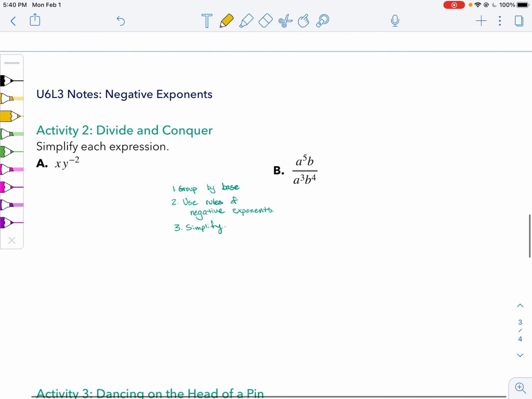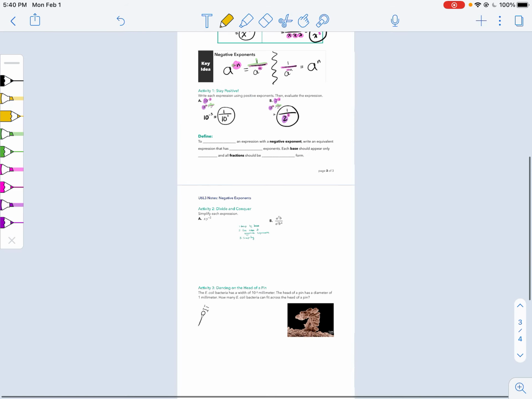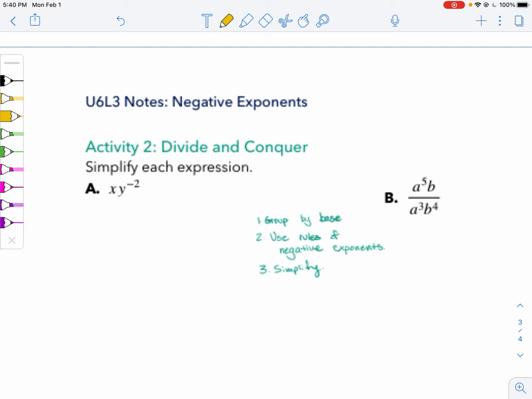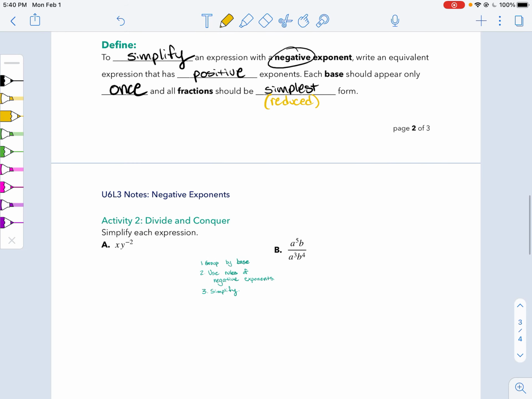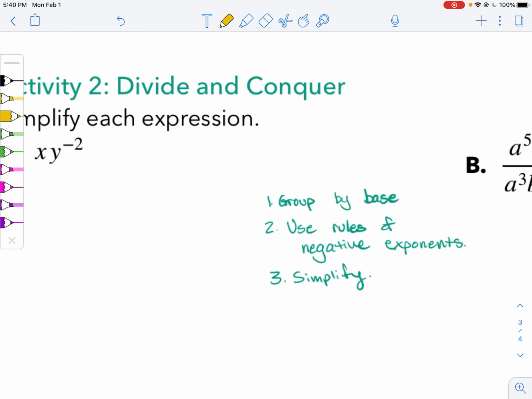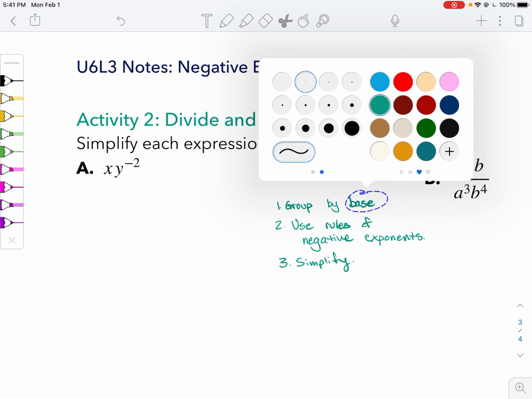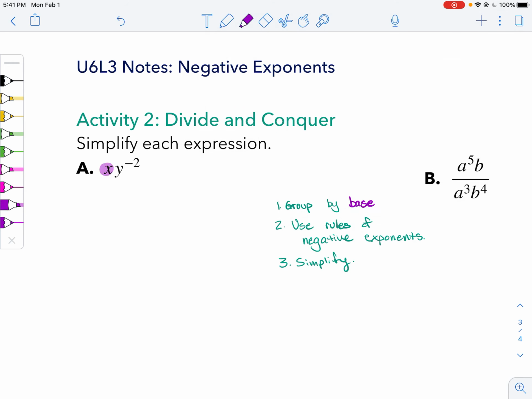Okay, let's do it. We have 2 things, and then we're going to be done. I put this into a couple steps for you. First, I like to organize them by their base. So I like to look at what's the big number that we're dealing with. For example, x and y are our bases. We're going to sort by base.